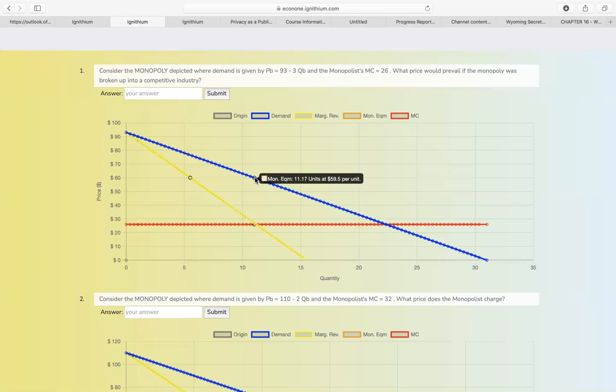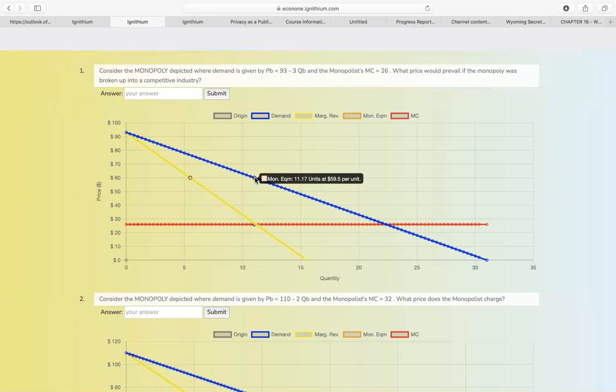Yeah, I was about to ask. It would be the rectangle that's down and to the left, right? I kind of have it highlighted right now because I have the monopoly equilibrium. Right. So it goes above the marginal cost and to the monopoly price, and it's based on the monopoly quantity, but there's a rectangle there.